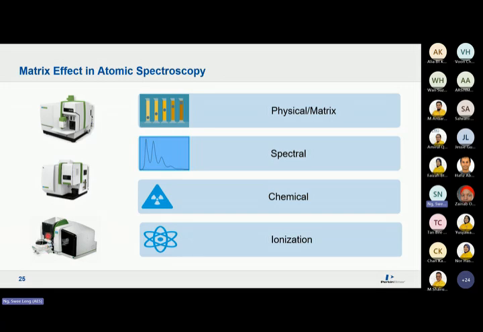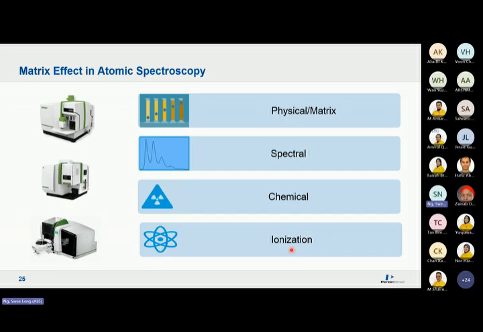So whatever you want to run, you must be able to make it become a free atom. If you analyze something like silica, it has four chemical bonds, so it is very difficult to run in the AA, but very easy to run in the ICP-MS or ICP-OES. So ionization: will it become an ion?